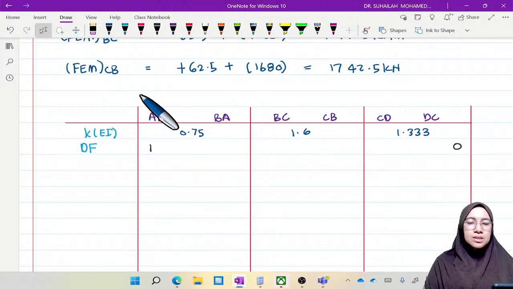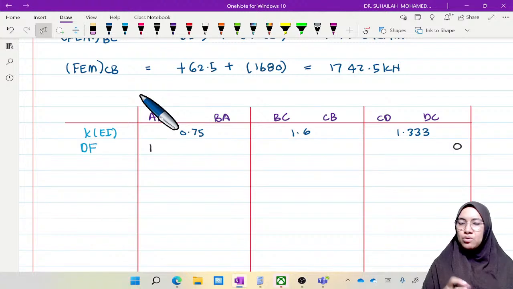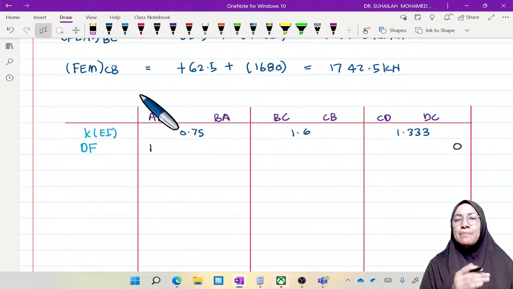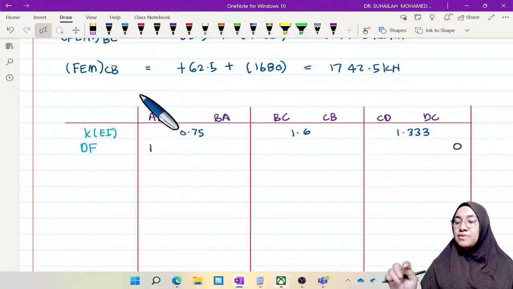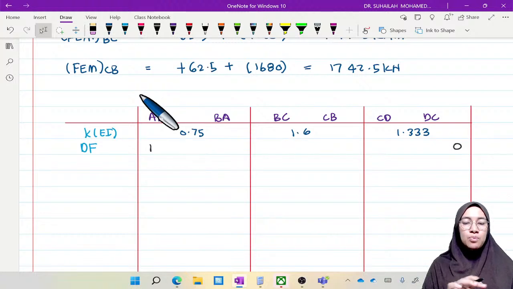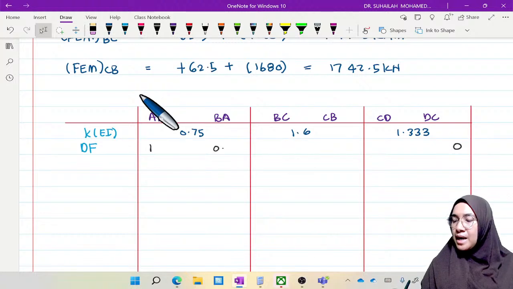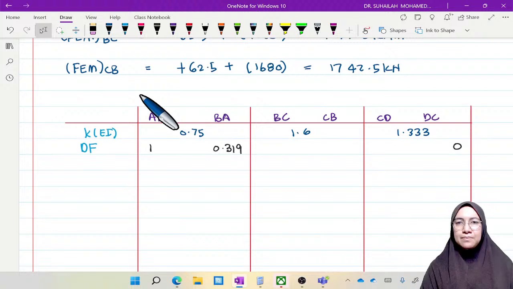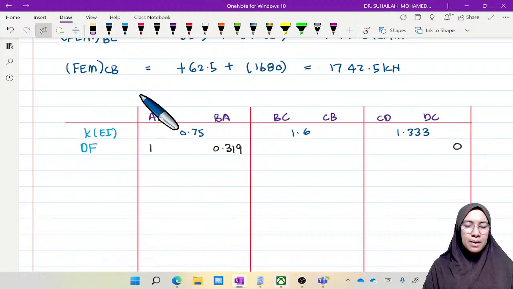It is 0.75 divided by the total, 0.75 plus 1.6, because it is member stiffness divided by joint stiffness. Joint stiffness is BA plus BC. So we get 0.319. BC is 1 minus 0.319, so we get 0.681.